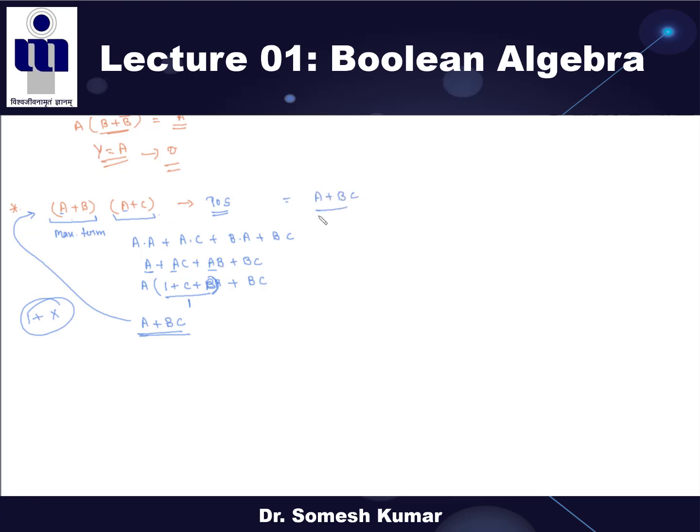Now for these kinds of expressions, I'm going to tell you the shortcut directly. If the first literal is the same, and the second literals of these max terms are different, then we can directly write the first literal plus the product of the second literals.